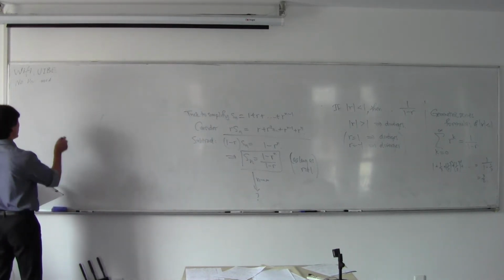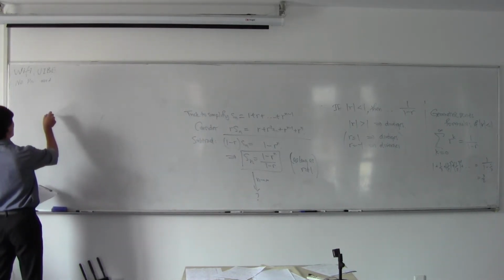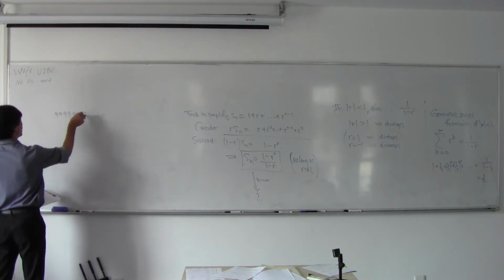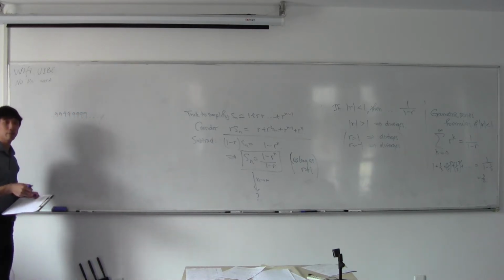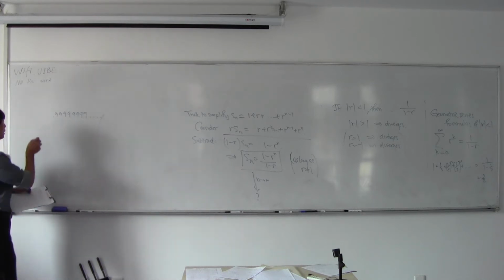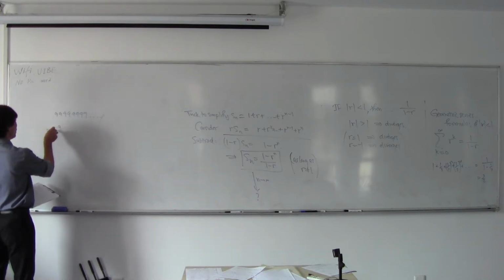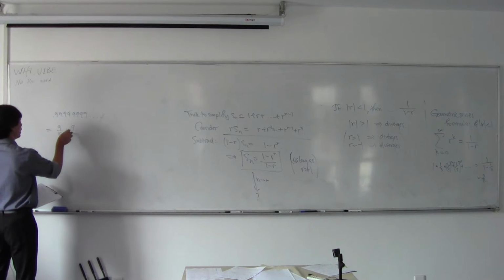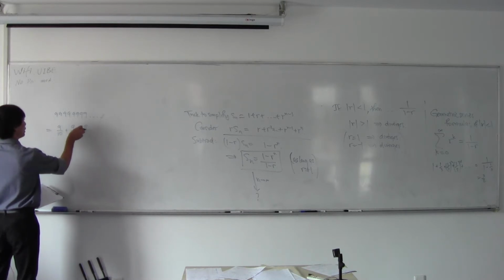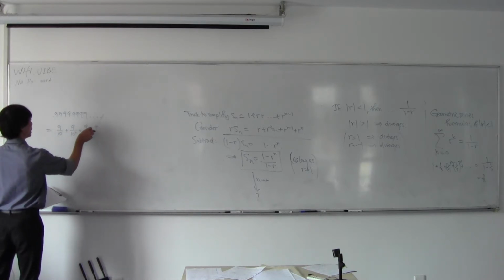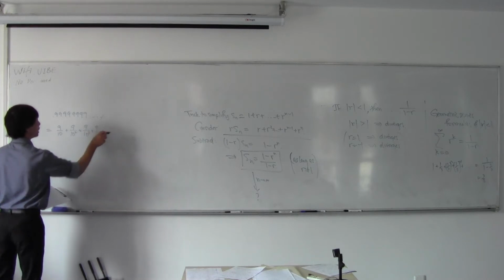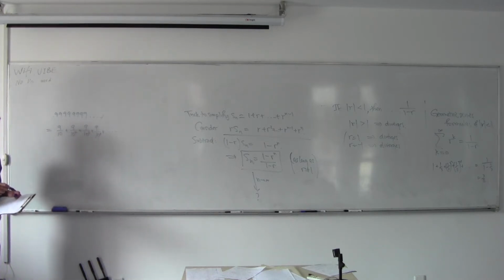Suppose I say, what is 0.999999999...? You can think of that as 9/10 plus 9/10 squared, plus 9 over 10 cubed, plus 9 over 10 to the 4th, plus etc.